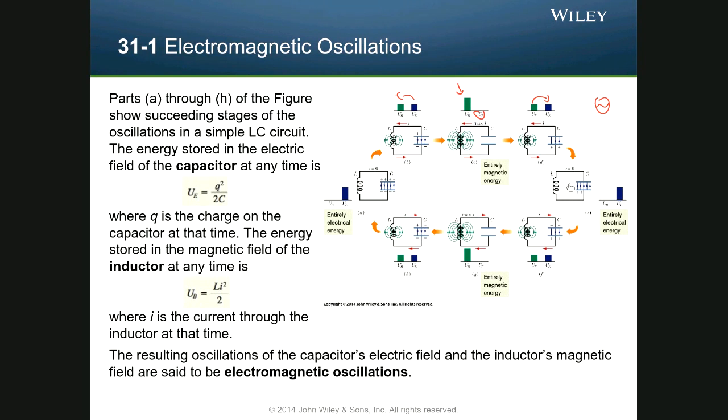However, you'll notice that the capacitor's polarity is now opposite. This plate is now the low potential plate, and this plate is the high potential plate. So when we set up current the next time, the current will now go clockwise through the circuit. It will increase and decrease and go back to the same thing.